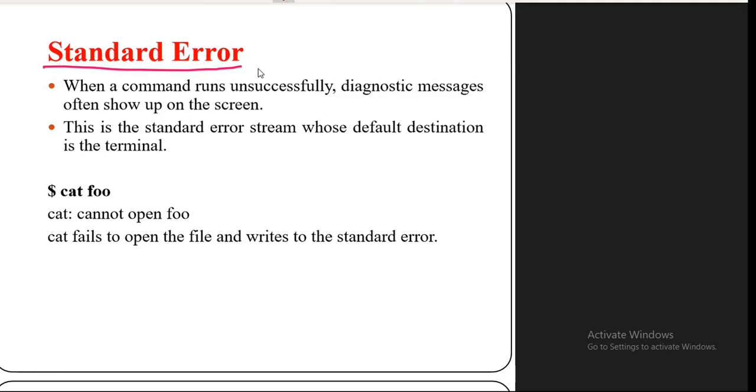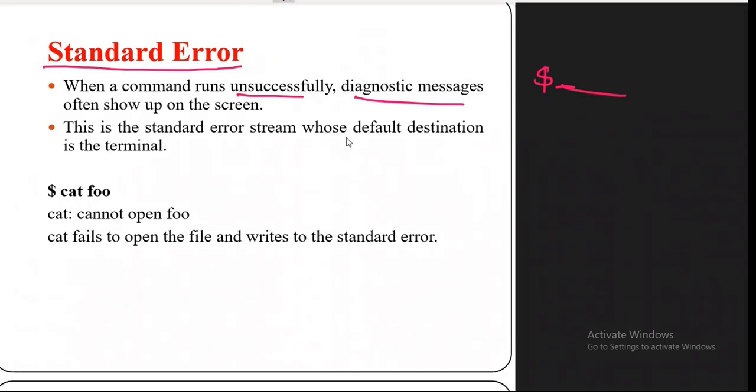When a command runs successfully, either it returns to the command prompt or it displays the result of that command. In case it is unsuccessful, it will display the diagnostic message, often shown on the screen, with the reason that particular command is not executed.